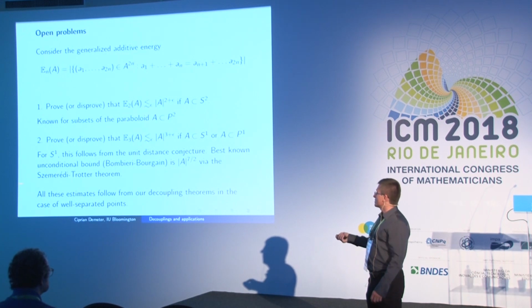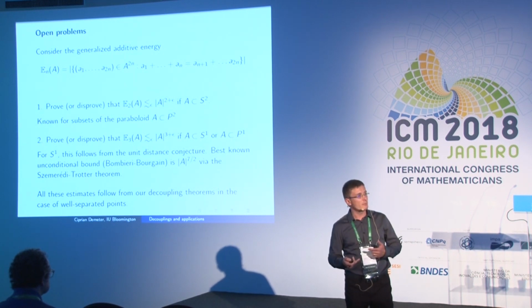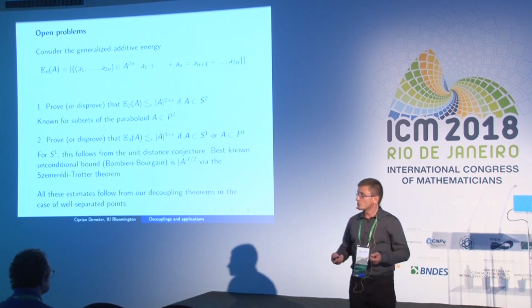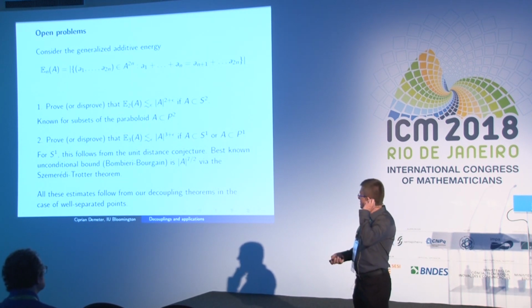The best known bound, if you use just traditional methods, is Szemerédi-Trotter. If you assume the unit distance conjecture, the beautiful conjecture from incidence geometry, you do get the right size, but I think this problem should be a bit easier.